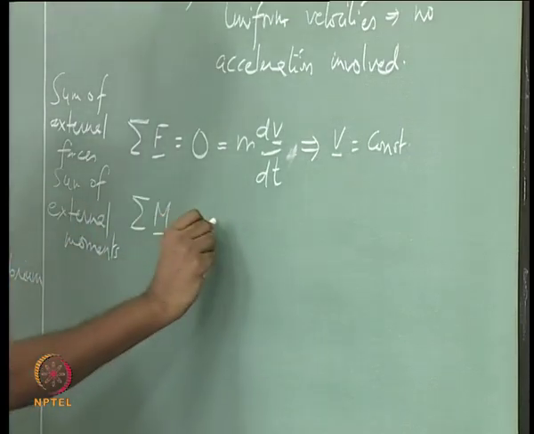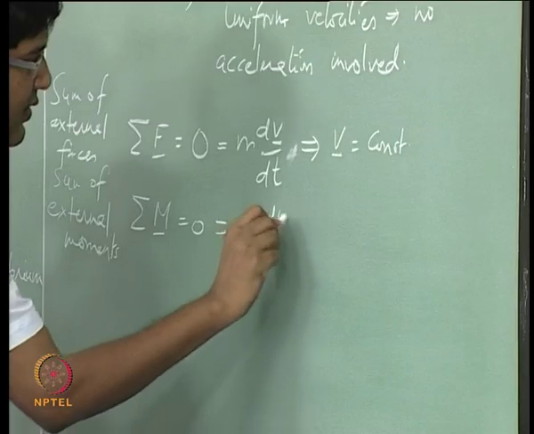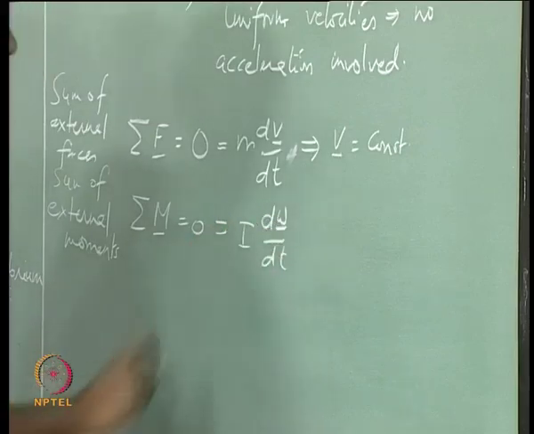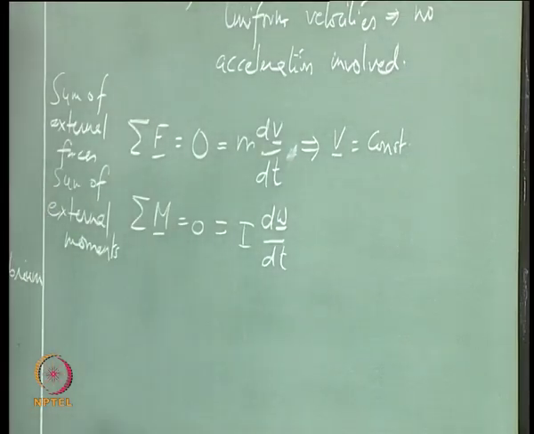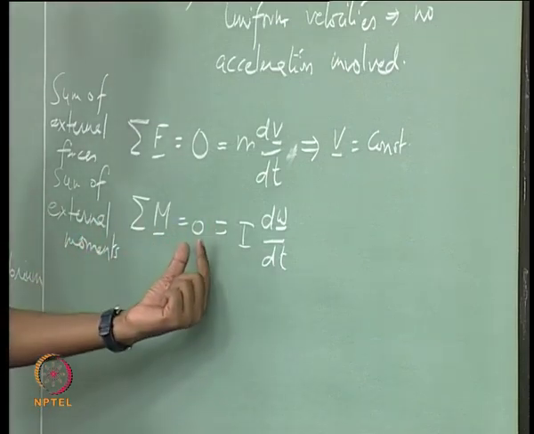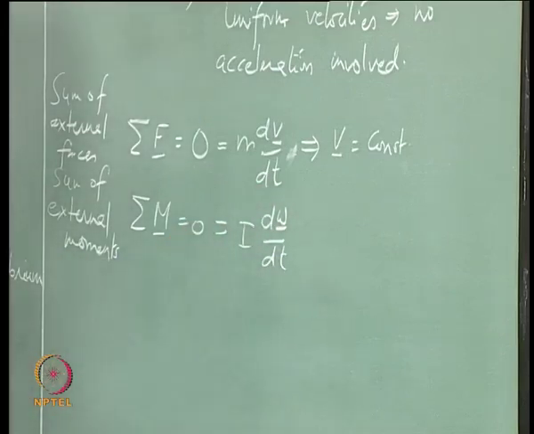This also means if omega is the angular velocity vector, multiplied by this inertia, that equals 0, this ratio is giving the angular acceleration.